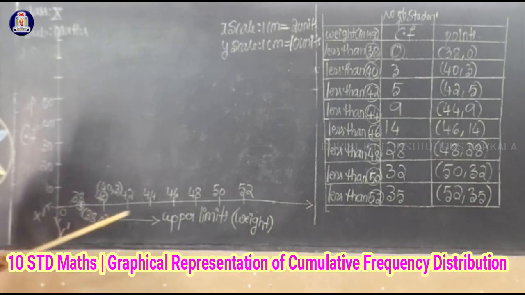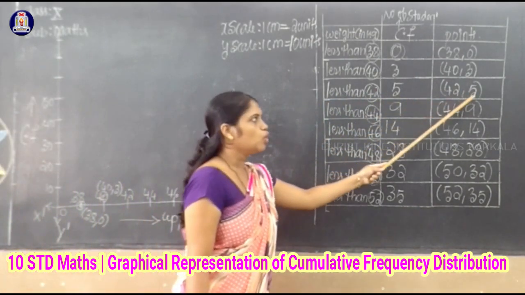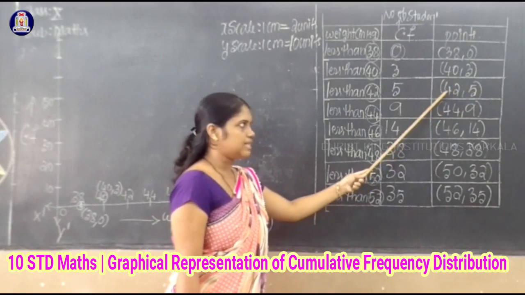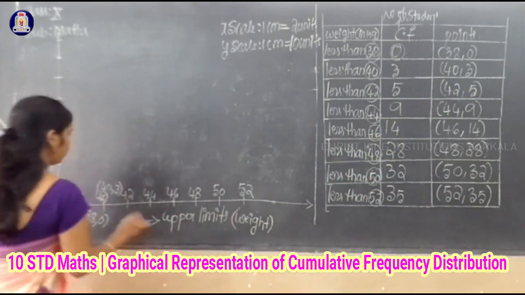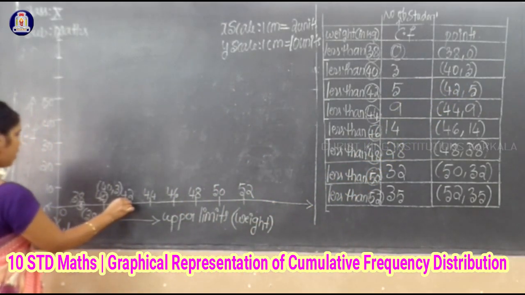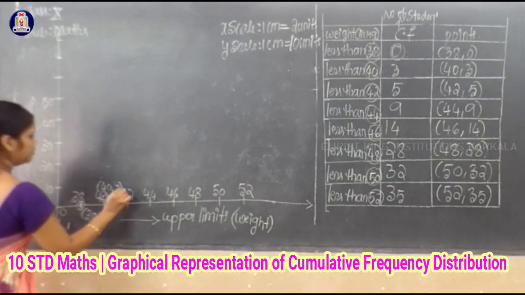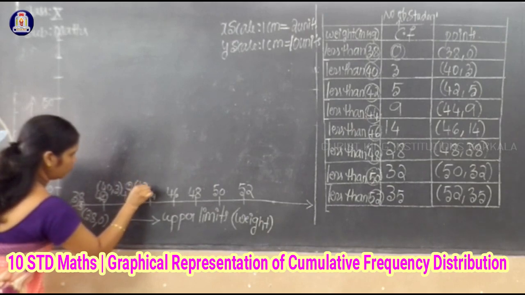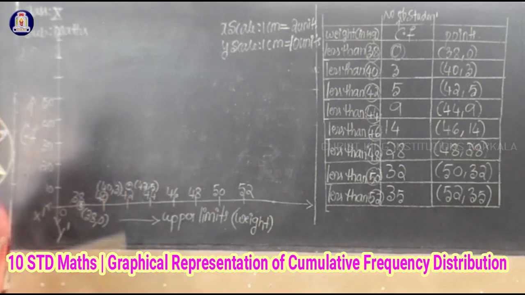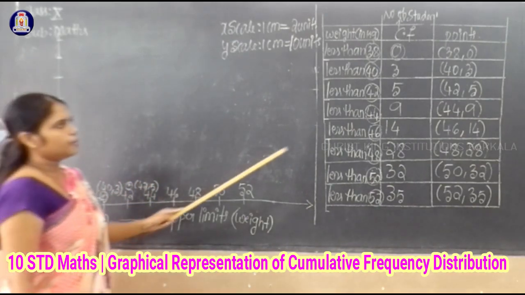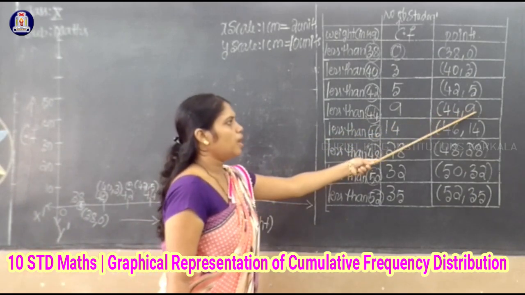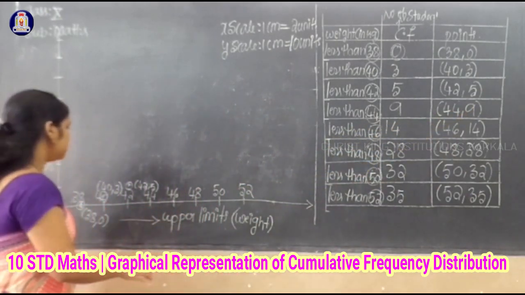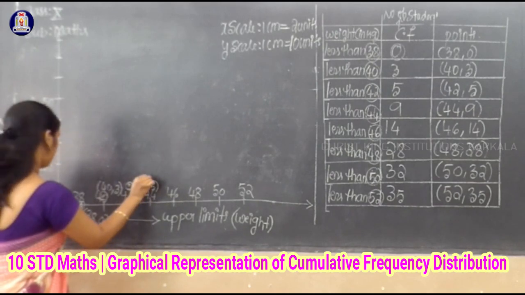40, 3. Next 42, 5. Along the x axis 42, 5, in between 0 to 10. So this point is 42, 5. Next point 44, 9. So this is your 44, 9.